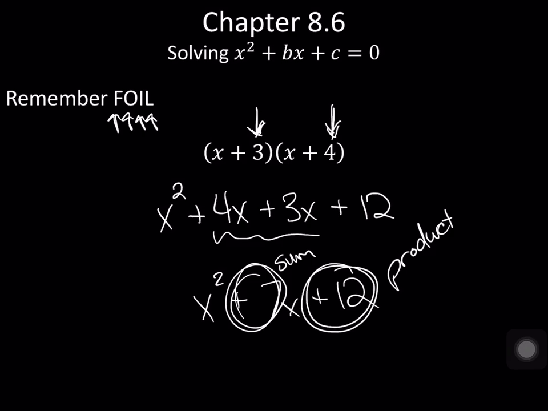That's not going to change. When we're factoring trinomials in this form, we're looking for factors that multiply together to give us that last term, and combine together, add together to give us the middle coefficient.